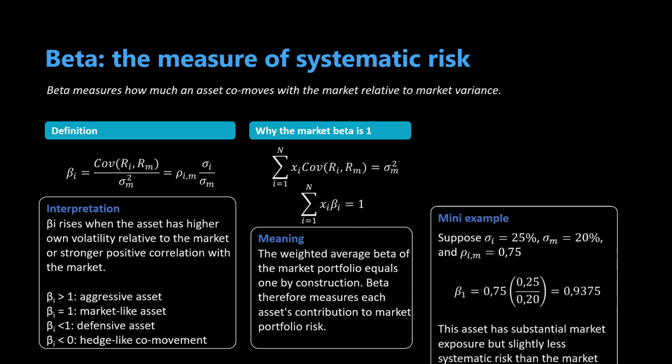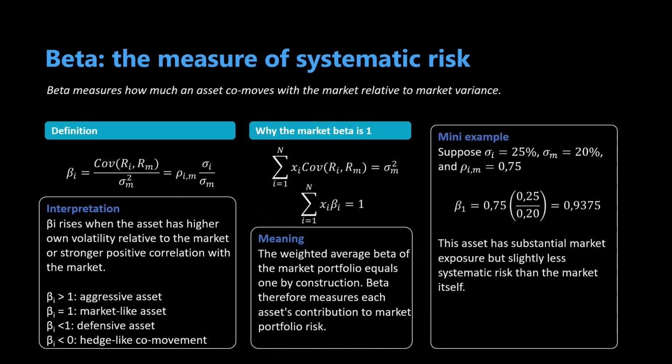We now arrive at the central measure in the capital asset pricing model framework, beta. Beta is defined as the covariance of an asset's return with the market return divided by the variance of the market return. It measures how much the asset tends to co-move with the market relative to the market's own variance.